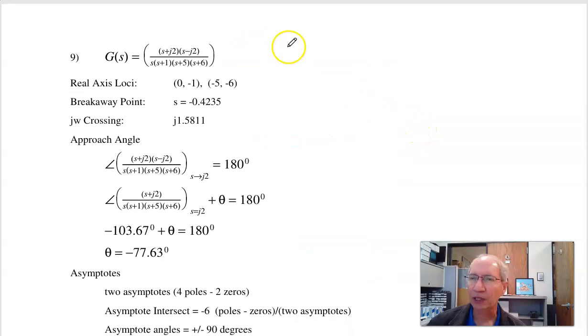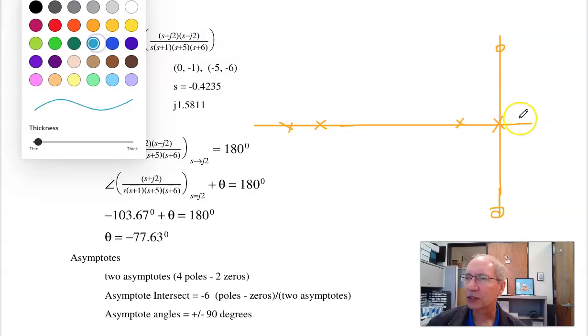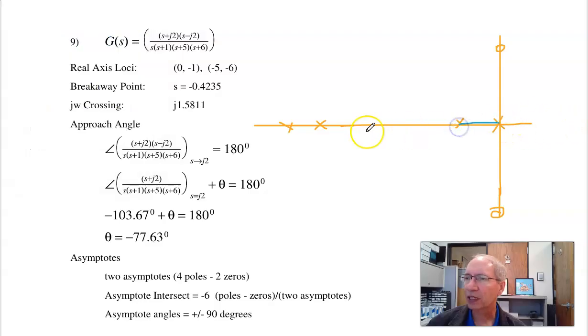And then for complex zeros, kind of same idea. Here's your root locus. I've got a pole at 0, minus 1, minus 5, minus 6, zero at plus J2, minus J2. So real axis loci, this is even, odd, even, odd, even.